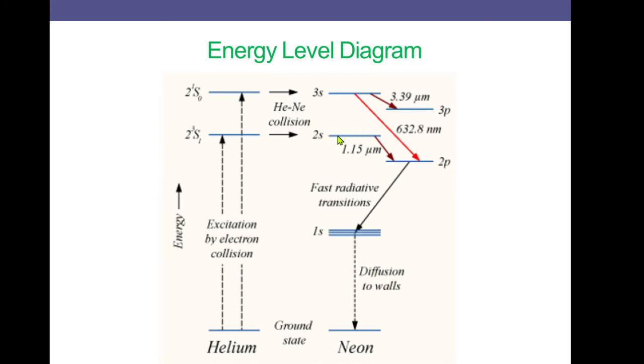These are the excited states of neon, and here it is a metastable state. So the helium atoms excited by electrons will move to the energy levels 2s1 and 2s0. These two energy levels helium atom will go.